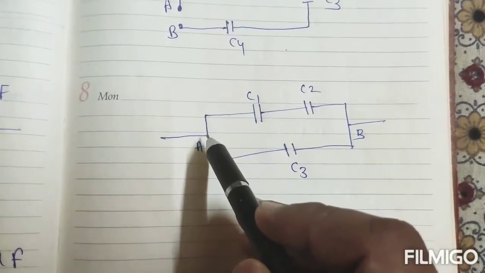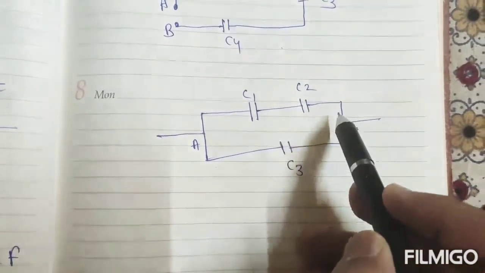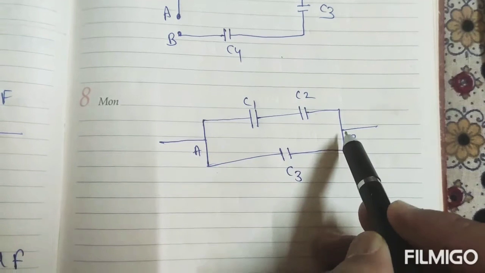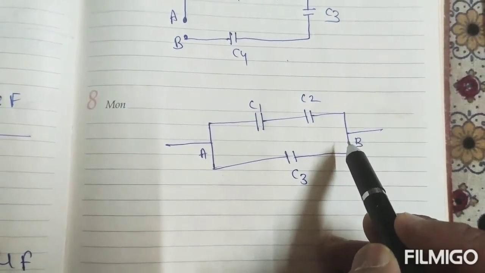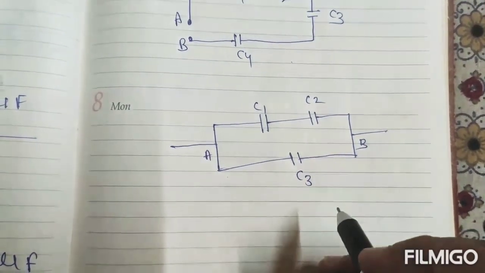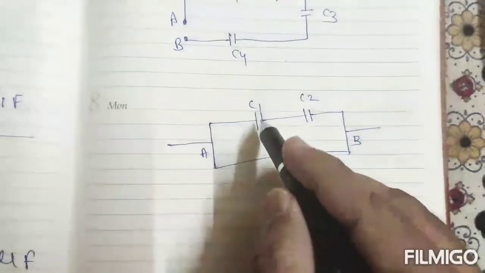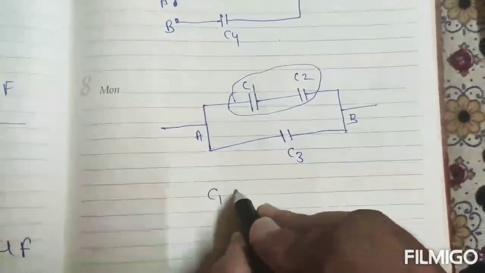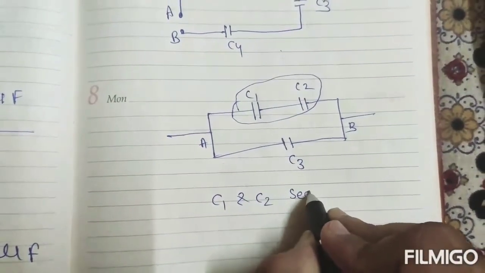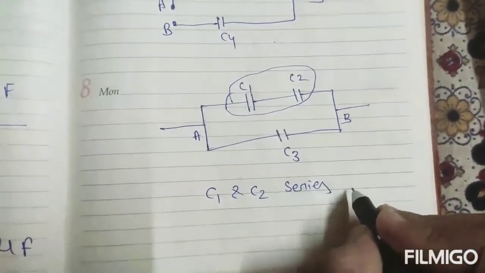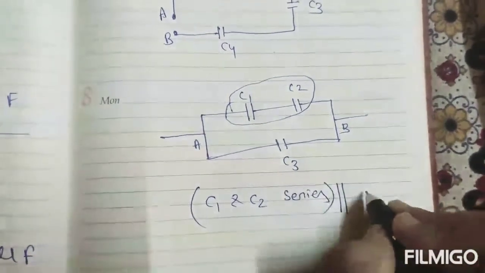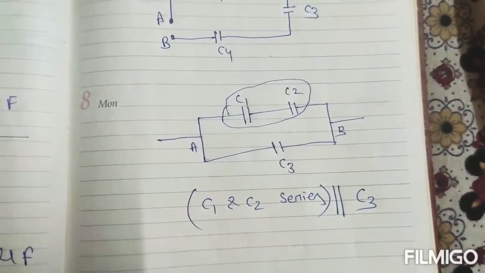Because while going from A to B, this is one path, and from A to B this is another path. If various paths are there, then it is considered a parallel connection. So C1 and C2 are in series, parallel with C3, right?